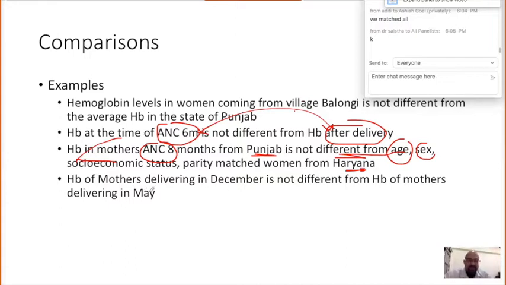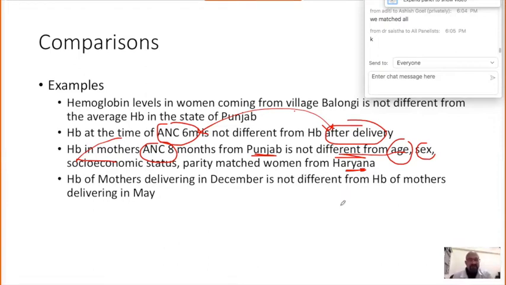Let's see if we were trying to figure out the difference between hemoglobin of mothers who are delivering in December, and whether it's different from the hemoglobin of mothers who are delivering in May. I can give any kind of research question, however absurd it might sound, but to make it simple, I want to compare the hemoglobin of all mothers who deliver in December with the mothers who deliver in May.